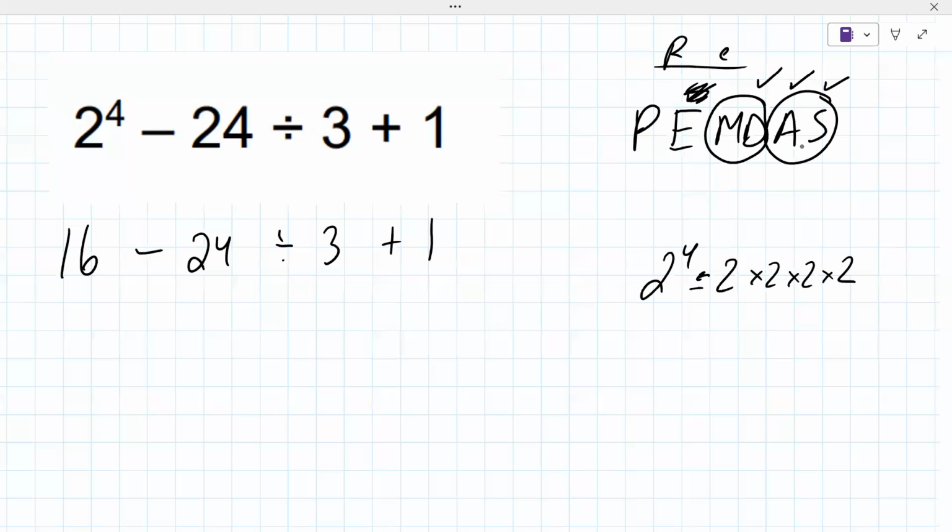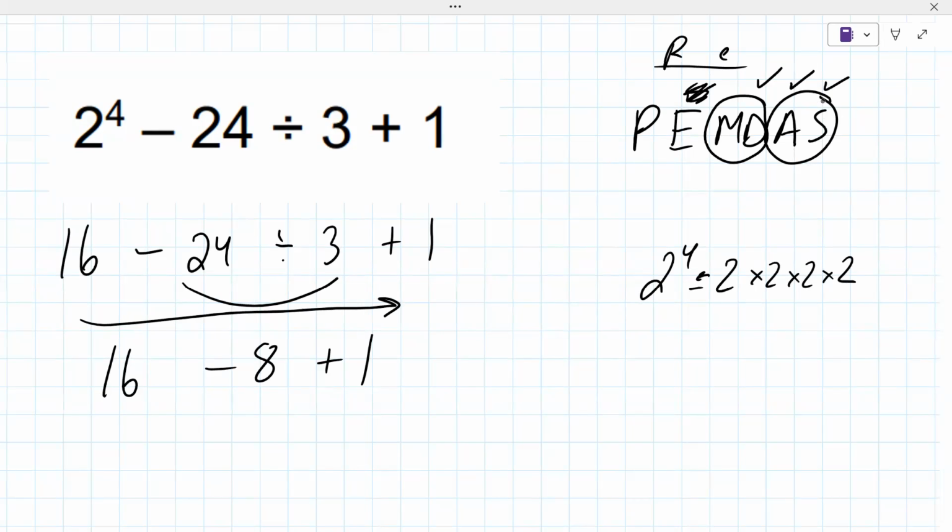The division. Okay, so keep going here. What's 24 divided by 3, or negative 24 divided by 3? 8. Okay, so we have 16 minus 8 plus 1. So we have subtraction and addition. Because they're basically the same, you just work them left to right.